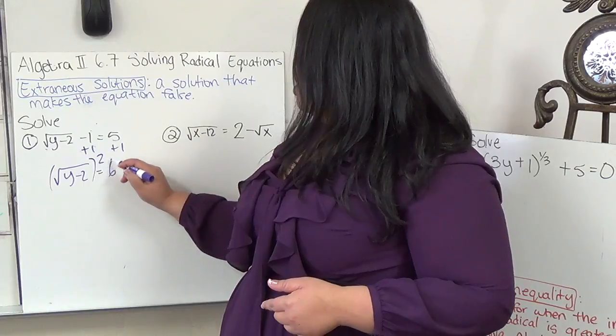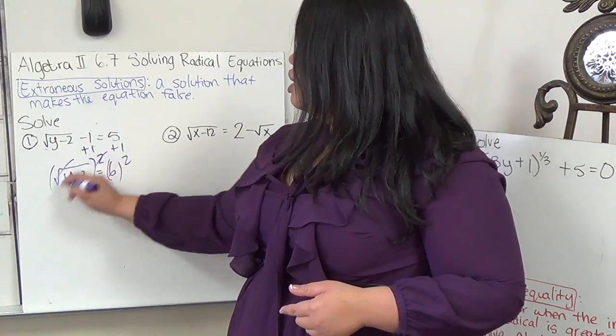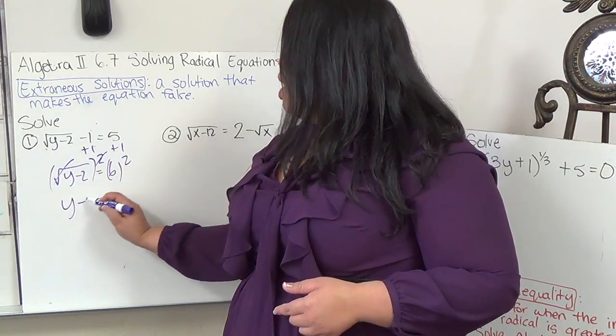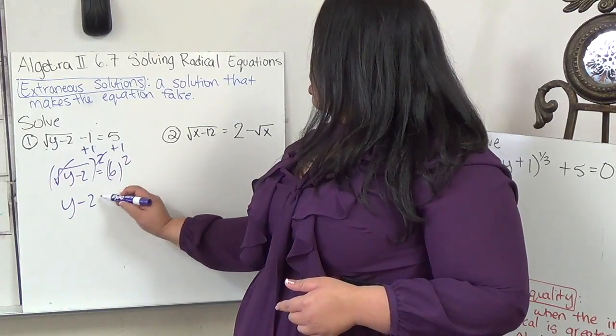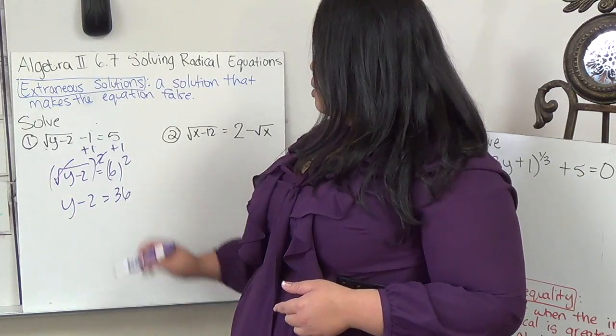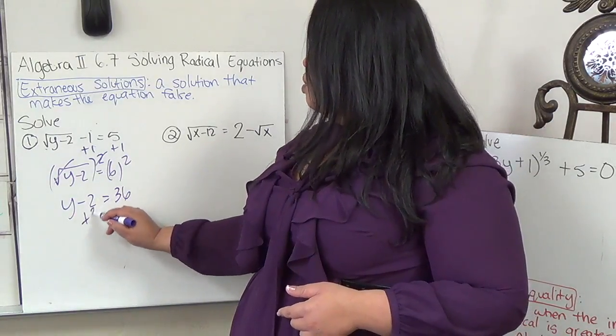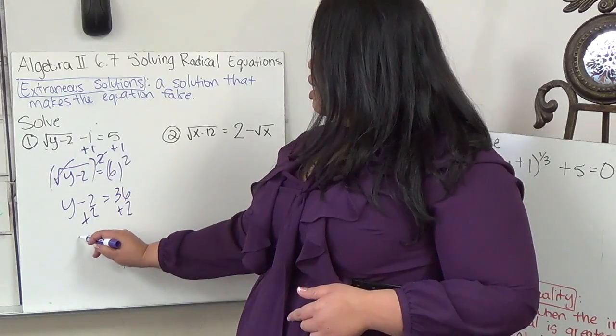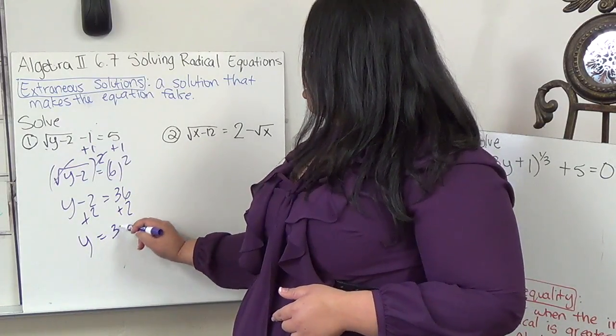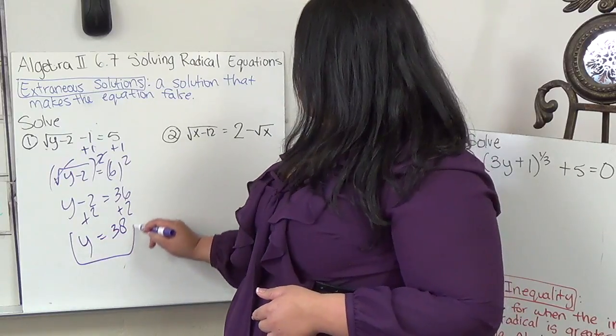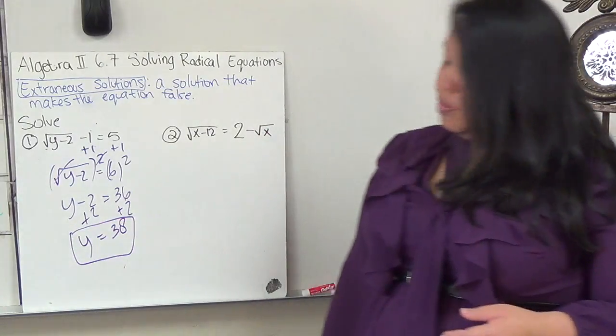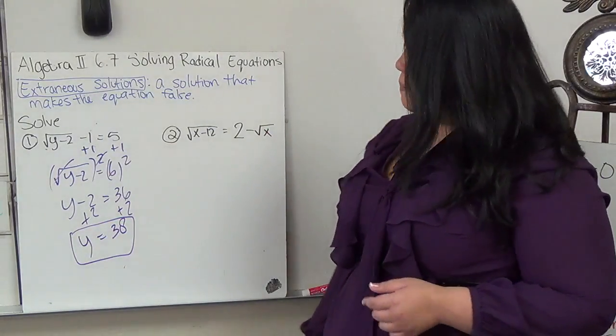So if I square this and I square this, the square and the square root cancel out, leaving me with y minus 2. 6 squared is 36. And then I'm going to add 2 to both sides. I end up with y equals 38. Right?